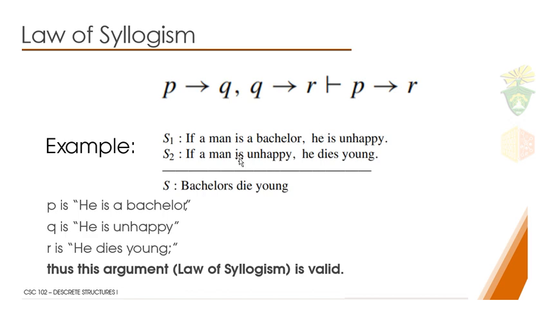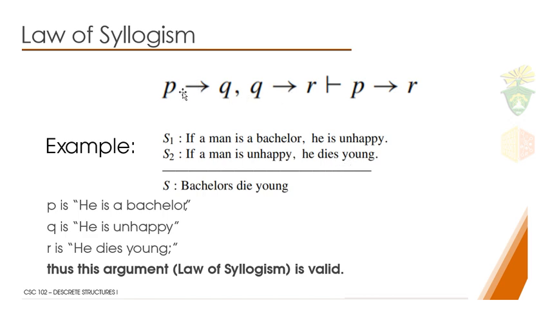So if a man is a bachelor, then he is unhappy. Then let R be he dies young: if a man is unhappy, then he dies young.